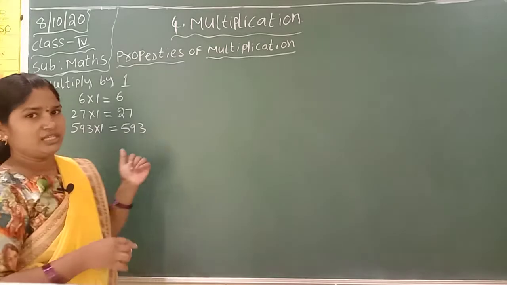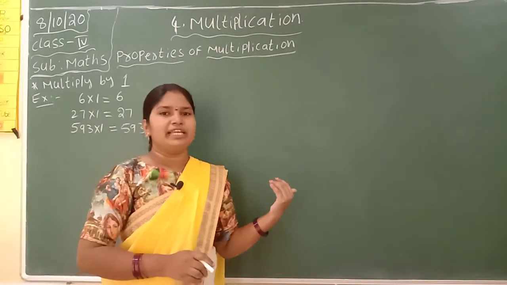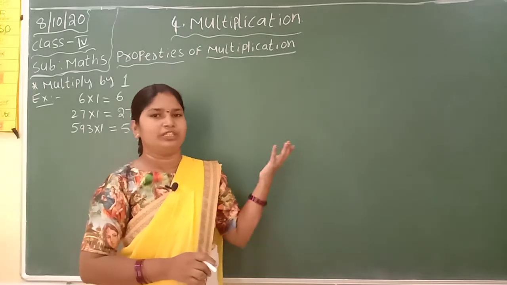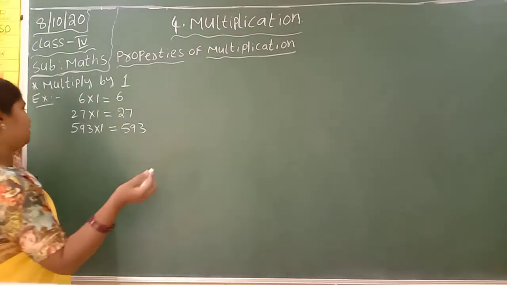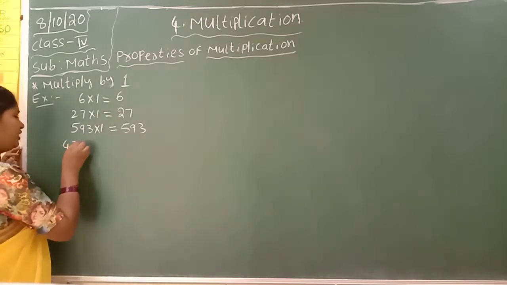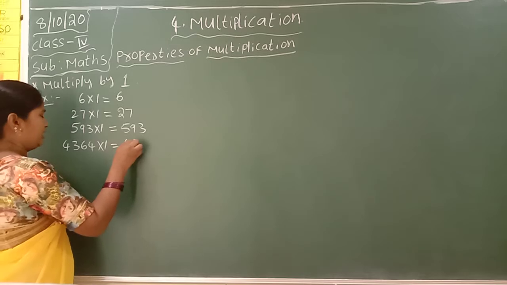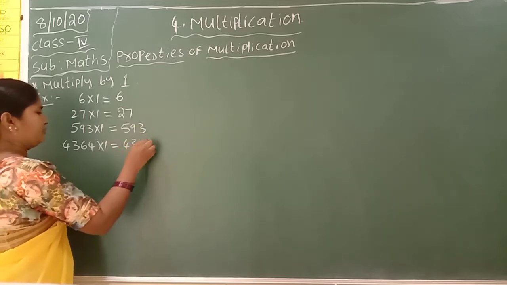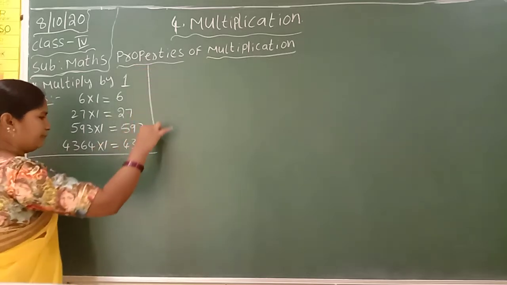Why? Because if we multiply any number with 1, we will get the number itself. For example, take a 4-digit number also. 4364 into 1, then also you are getting 4364 only. It is our first property.